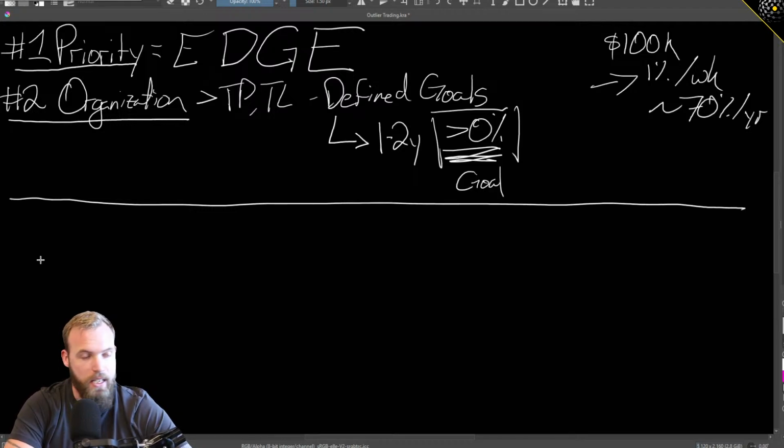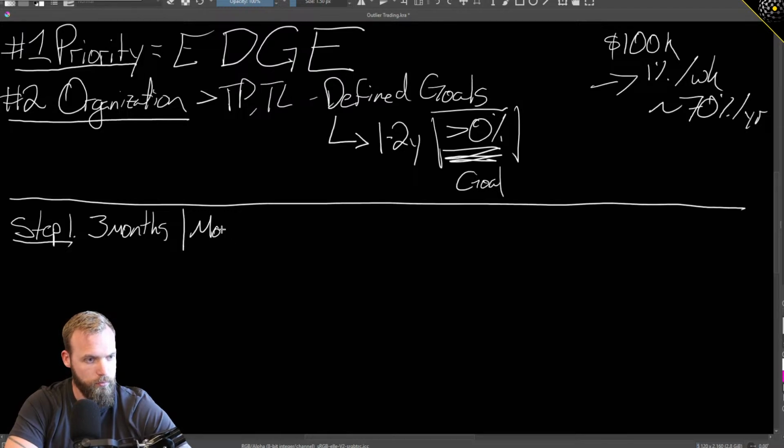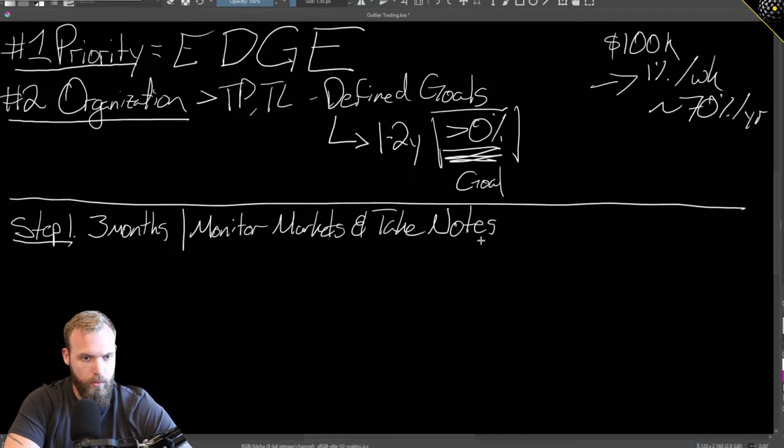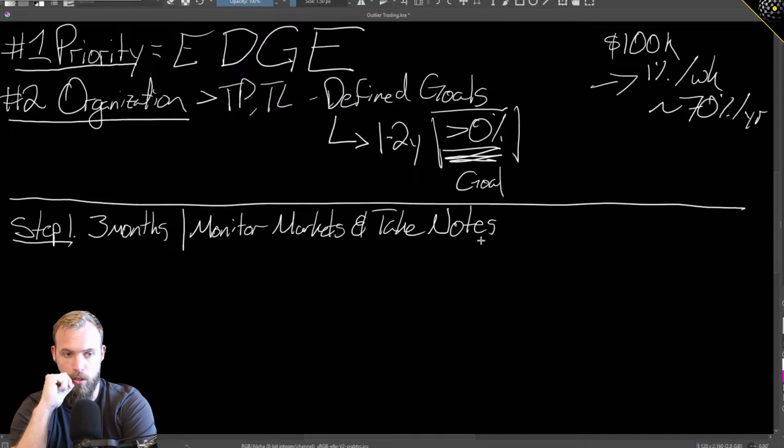So in order to even understand anything about edge or what edge can look like, step one here, and this is something I think makes sense literally for all of you, for at least the next 3 months. For 3 months, monitor the market and take notes.